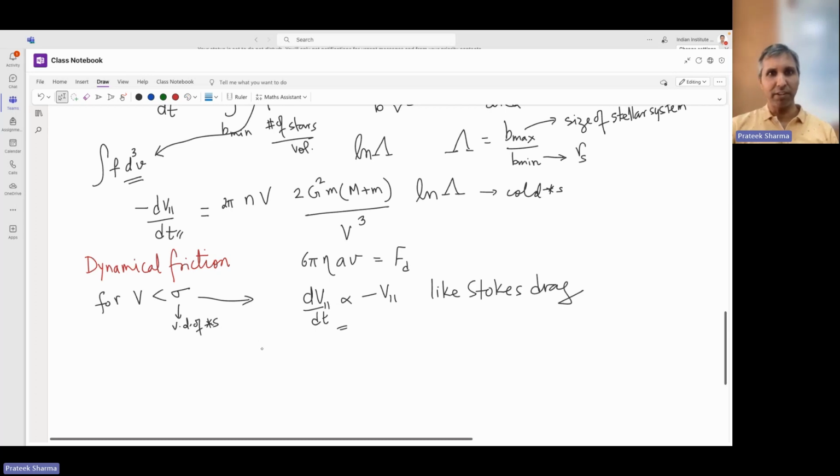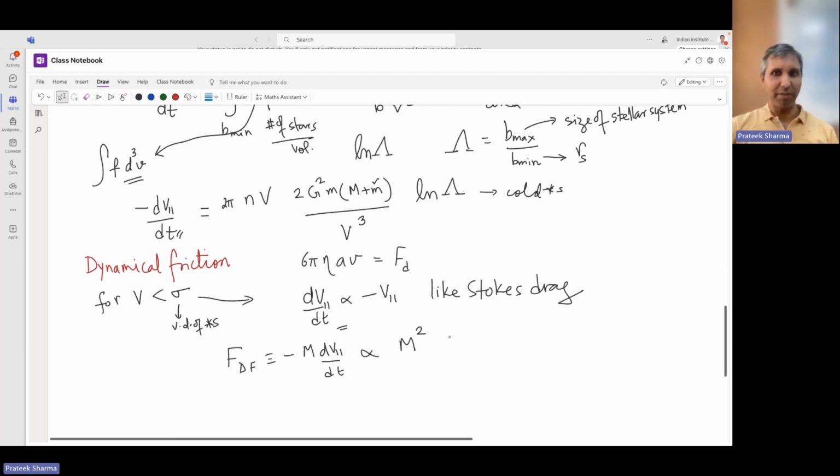Now, the friction force, dynamical friction, which is defined as minus m dV parallel/dt, is proportional to, I mean, we can ignore this small m relative to capital M, it's proportional to m squared.